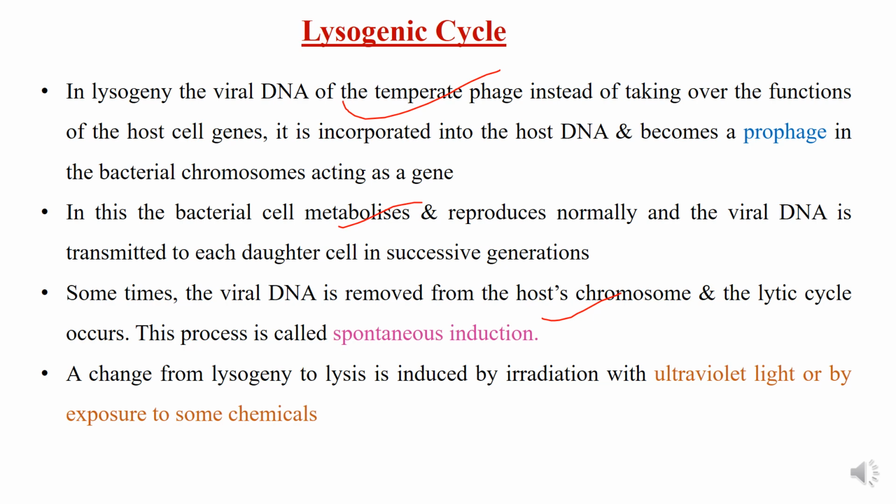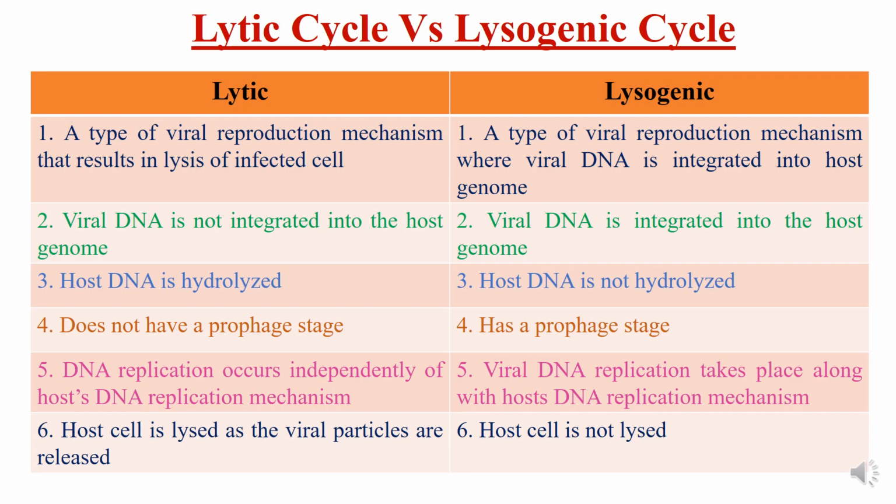So now let us discuss the differences between the lytic cycle and lysogenic cycle. The lytic cycle is a type of viral reproduction mechanism which results in the lysis of the infected cell, whereas lysogenic is a viral reproduction mechanism where viral DNA is integrated into the host genome.